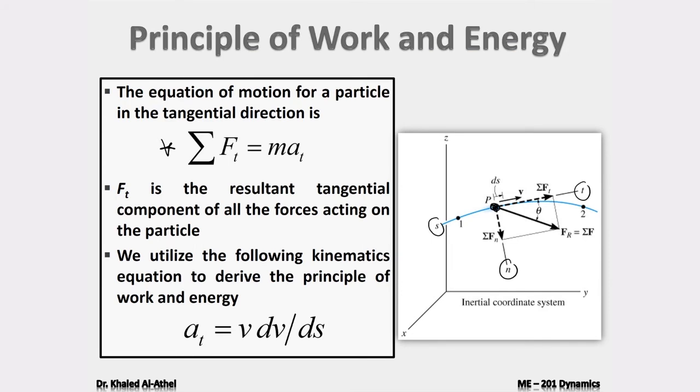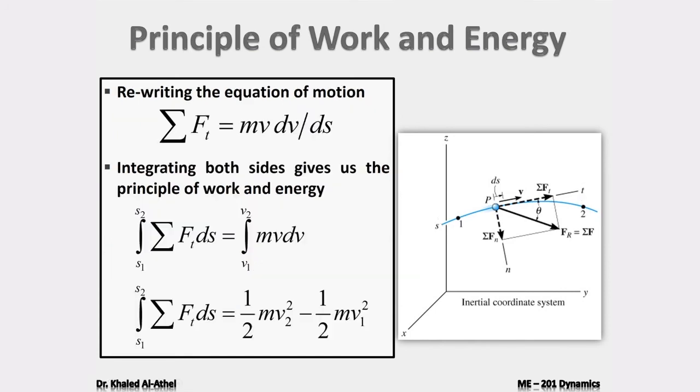I also know from kinematics, and you should know as well, that a_t equals v dv/ds. Basically, I'm going to take this expression and plug it in here. Now, if I do so, I'm going to end up with the following expression, that F_t should equal m v dv/ds.